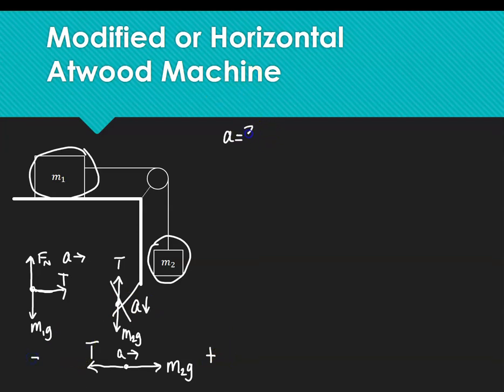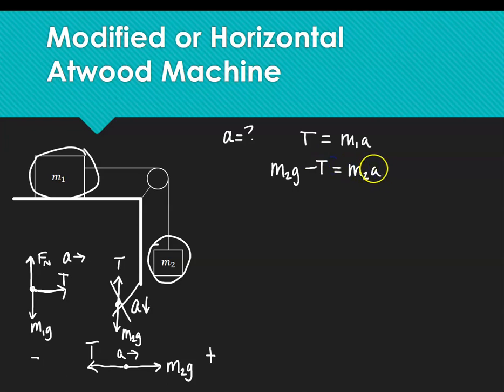So in order to find my acceleration, I need to write my two net force equations. So my net force equation for M1 is just going to be tension is equal to M1A. My net force equation for M2 is going to be M2G in the positive direction minus tension is equal to M2A.